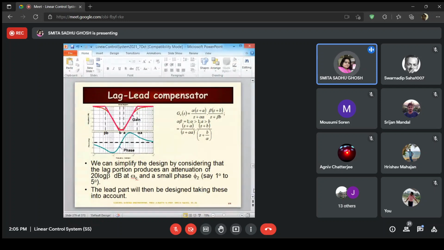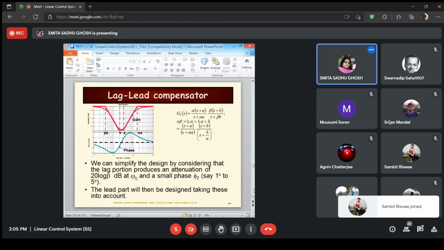Okay, so with that, I end today's class. In fact, that is the end of what I intended to cover in class. You have just seen that after this, we have tacho generator and then AC servo motor, and I think LVDT. LVDT, I believe you have already done in your measurements, and DC servo motor we have done in detail. AC servo motor is just 2 or 3 pages, and the tacho generator principle also is described quite comprehensively, I believe.